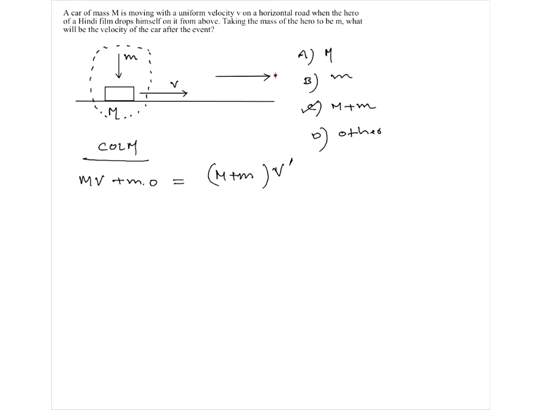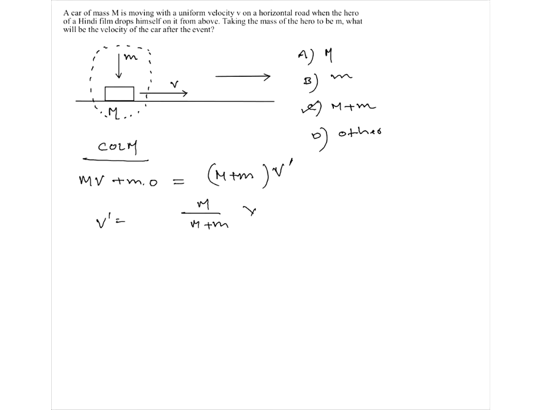And the car will say, well, I was going at some velocity, and now I am going at reduced velocity. V dash is M over M plus M times V. This is a decimal multiplied to V, decreasing V. So the car says, because of this fellow, my speed is reduced. I lost momentum.